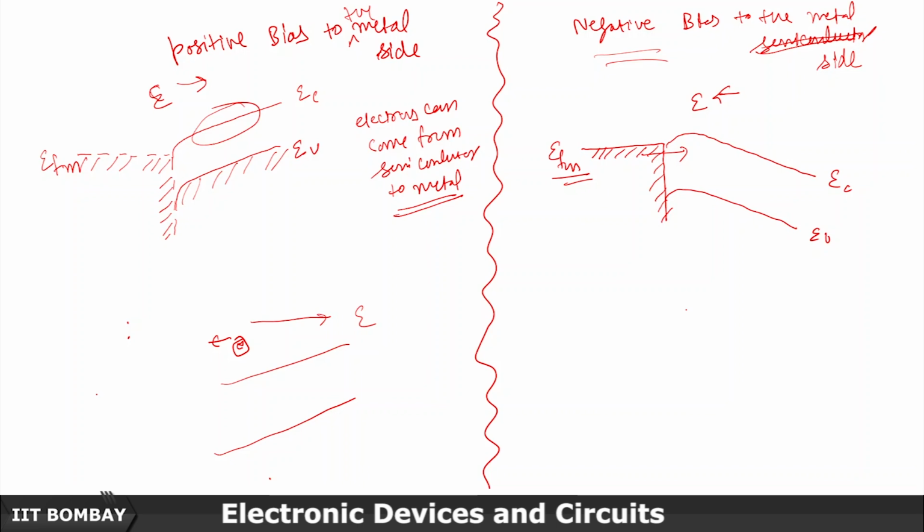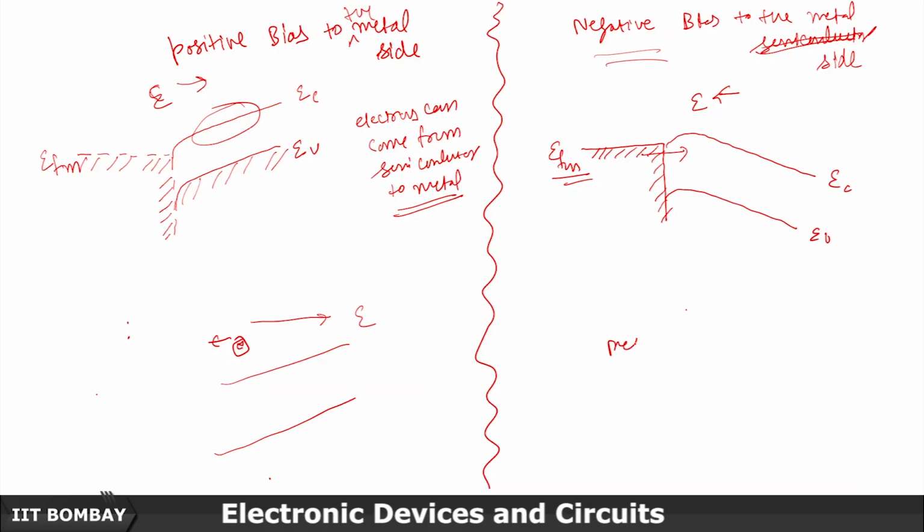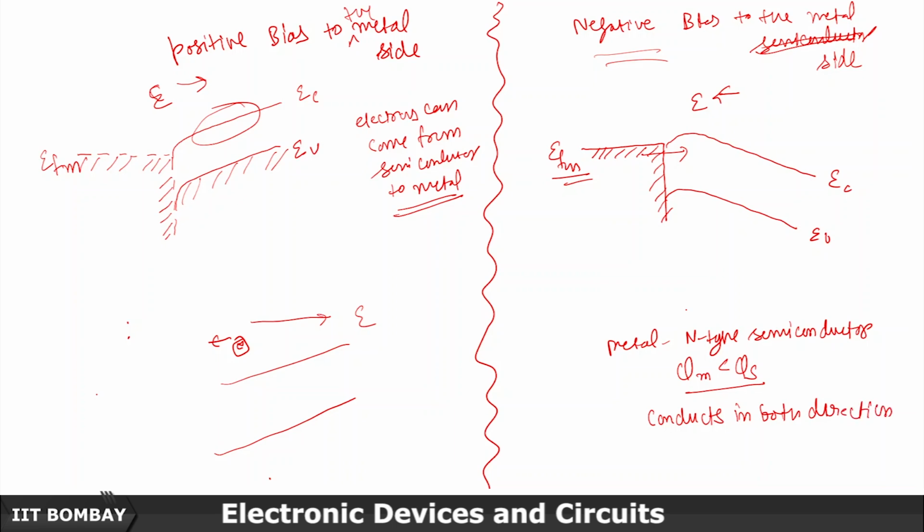So it shows that this combination of metal and semiconductor, metal and N-type semiconductor very precisely, under the condition where phi m is smaller than phi s, conducts in both directions and represents a case of ohmic contact.